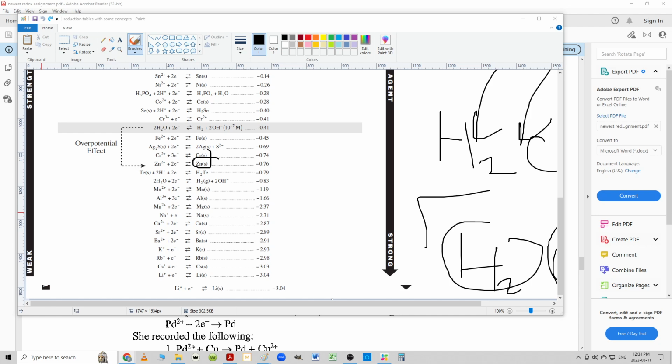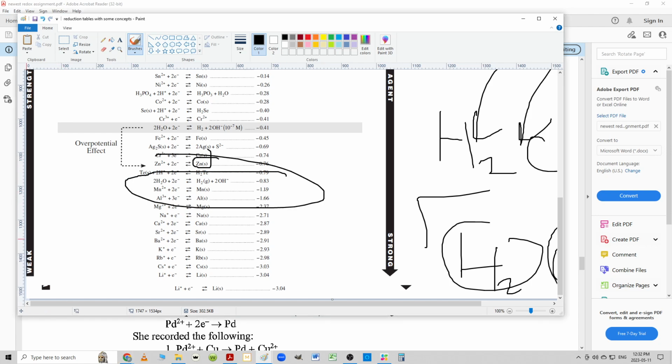Reduction potential of SO4 2 minus. And it is minus 0.93. Let's see if it's on our table. No, it's not. Minus 0.93. Minus 0.66. Yeah, I don't see sulfate on there.